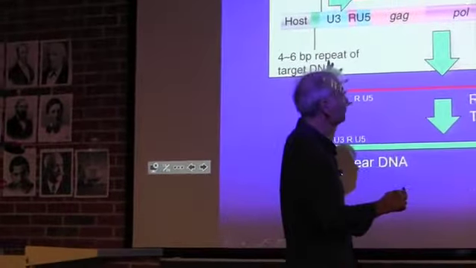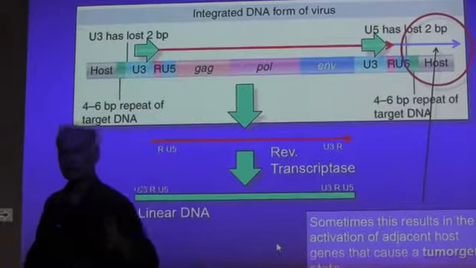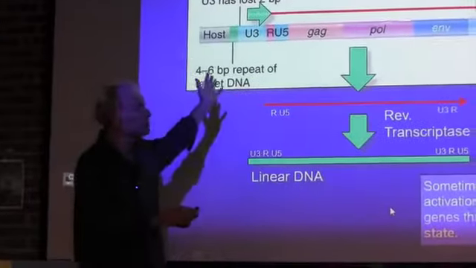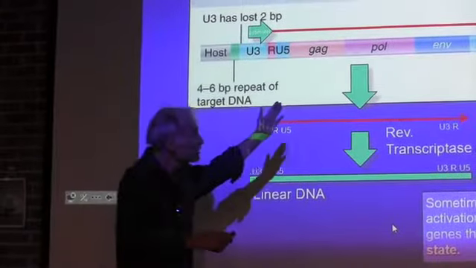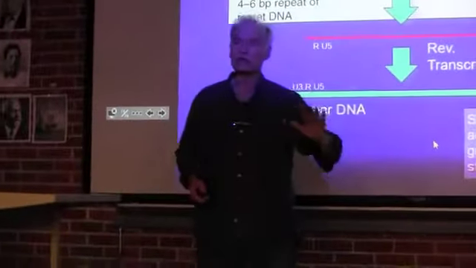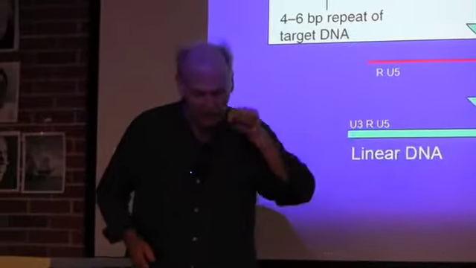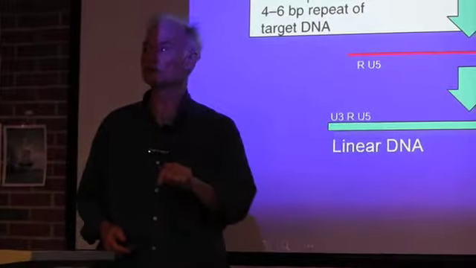What happens is there's a signal in the RNA, after translation, but the polymerase knows nothing about translation, but there's a signal in the transcript which says, I don't care whether you're finished transcribing or not, but right here is where you should add a poly A tail.